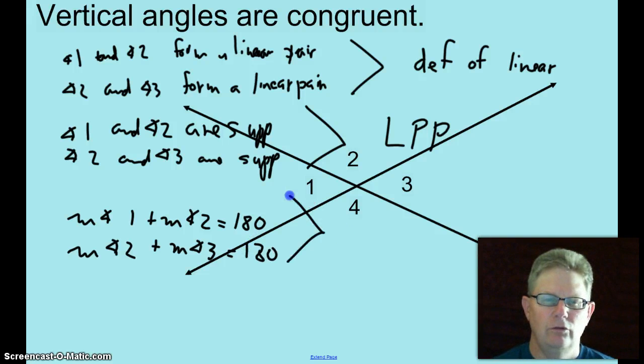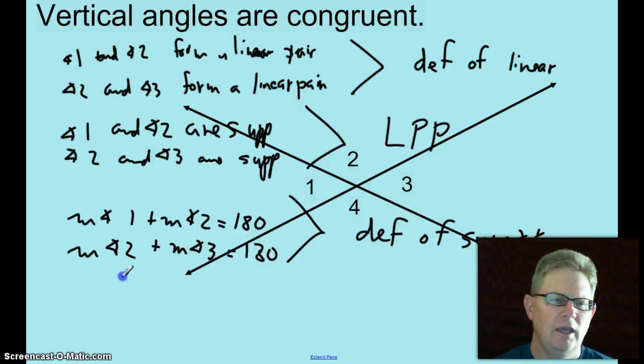Why are those two true statements? From this statement right here, you say they're supplementary. Here you're saying that their measures add up to 180. That's the definition of supplementary angles. Hey, you got two things that equal 180. That means that those two statements must equal each other because of substitution.